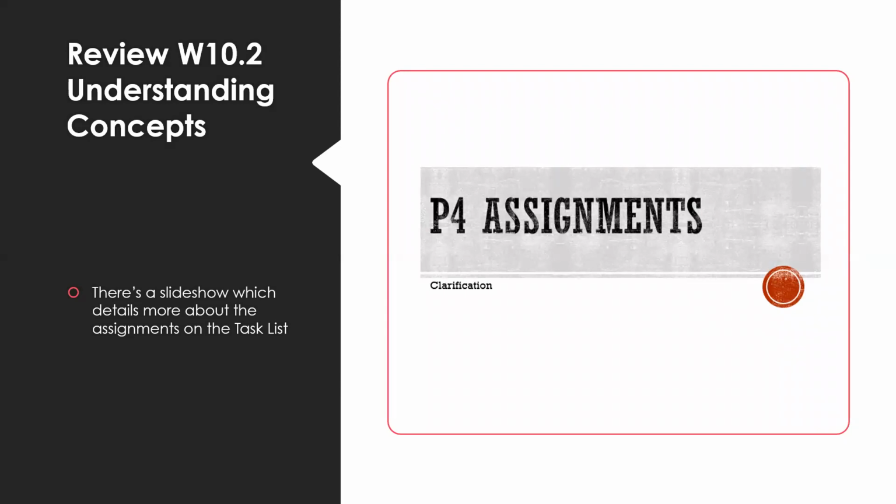If you're still confused about the task list and what some of the assignments are for, review the P4 assignment slideshow in the Understanding Concepts section for more clarification regarding these assignments. And as each week comes up, we will discuss them.